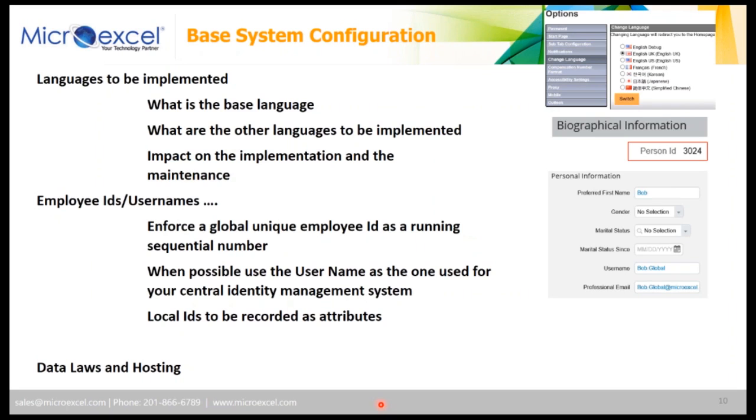And at a later stage, you may even have it integrated so that you don't have to maintain passwords within SuccessFactors, but it's going to read them directly from your central systems. Depending on organizations, some are still not yet there with a centralized system for the global. Some use SuccessFactors projects to drive the creation of a centralized system for identity management.